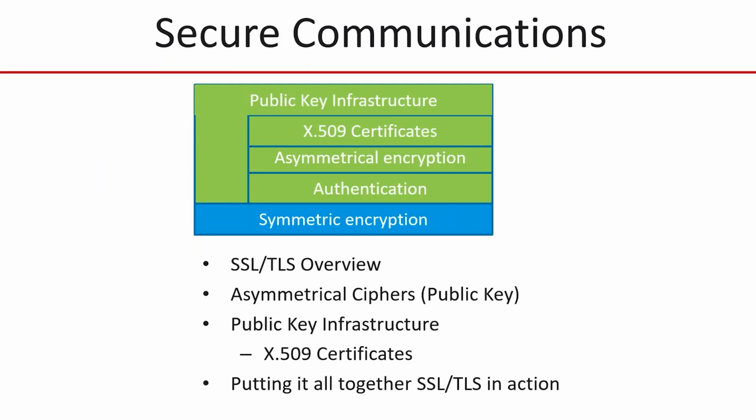In order to do this, we need to have our asymmetrical encryption, so public key encryption, and we then also need a means of distributing public keys securely over the internet. So this is a much larger public key infrastructure that we have to understand to build our secure communication.